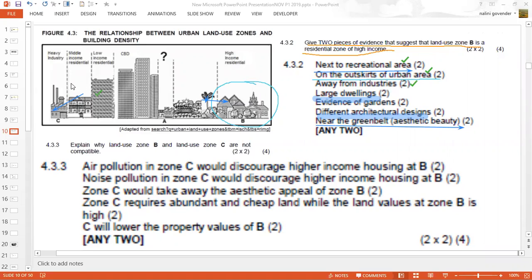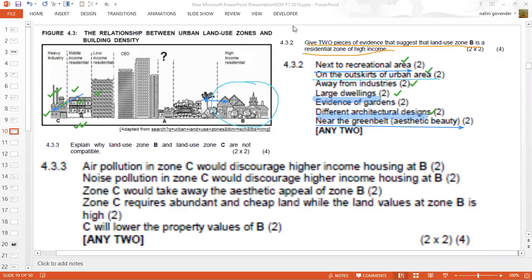The buildings are large. Evidence of gardens, you can see in the front, there's some garden. They got space. Unlike the low income area, there's a high density, tall buildings, houses of different shape and different styles. You've got your 4 marks in a question like that.